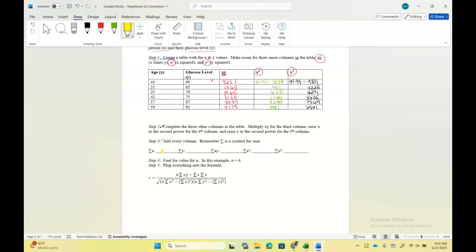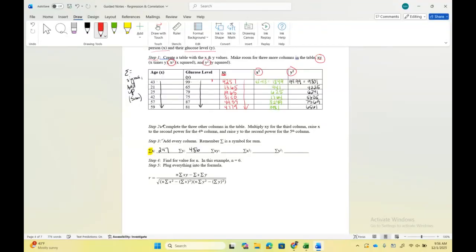Just as a refresher, this symbol right here is a sigma symbol. It means add everything up or find the sum. So that's what we're doing. We're going to add up all these X values, and that number is going to go right here. We add up all the Y values, and that goes here.